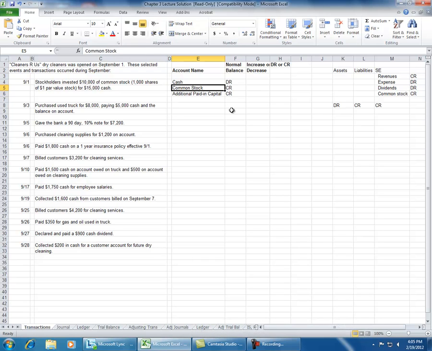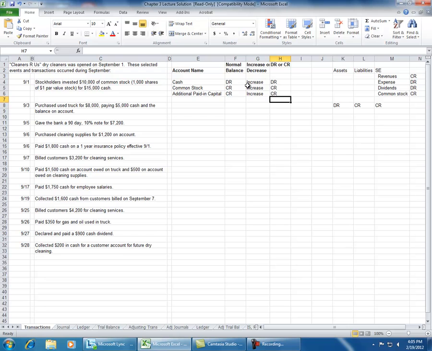Okay, so those are our normal balances, and then we determine whether or not we're increasing or decreasing those accounts. So cash, we're increasing, common stock, we're increasing, and additional paid-in capital goes up as well. So as long as you have an increase in this column, we're going to do whatever the normal balance is, because we want to increase that account by adding to its normal balance.